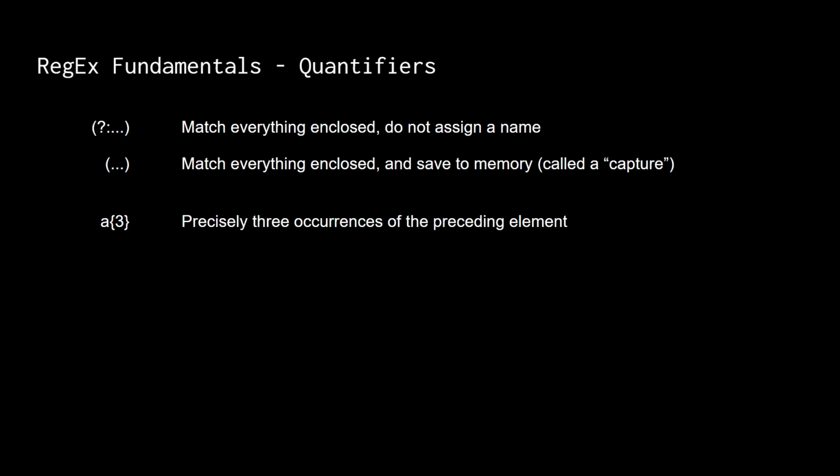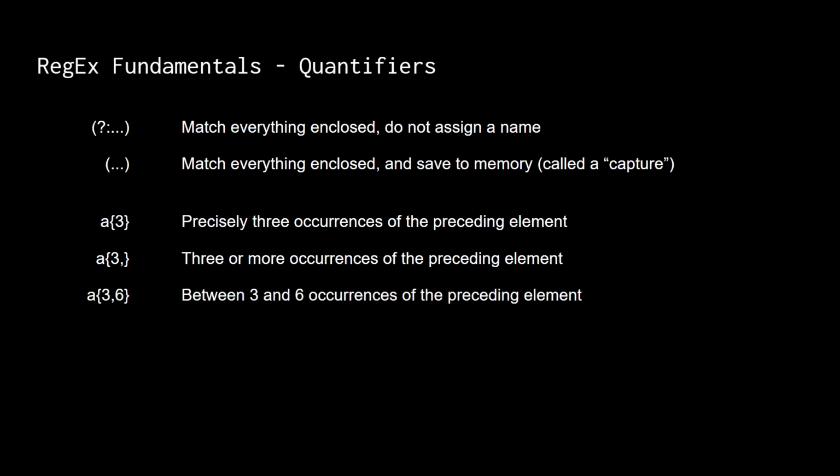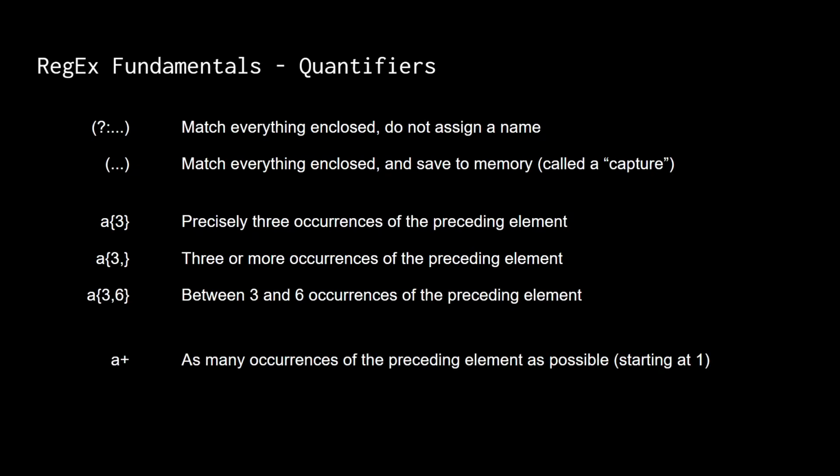But you put A, B, B, B, C, C, C, D, D, D, now it's going to come back with 3 A's because it found precisely 3 occurrences of the letter A. Similarly, if you put a comma after the 3, it'll say 3 or more. Or if you specify 2 numbers, you can say 3 to 6. I didn't put it down, but you can also put curly bracket comma 6, and it'll say up to 6 occurrences of the preceding element.